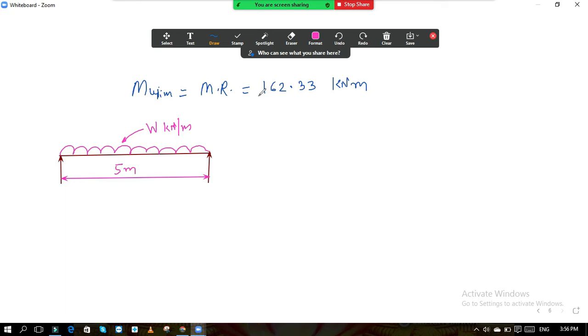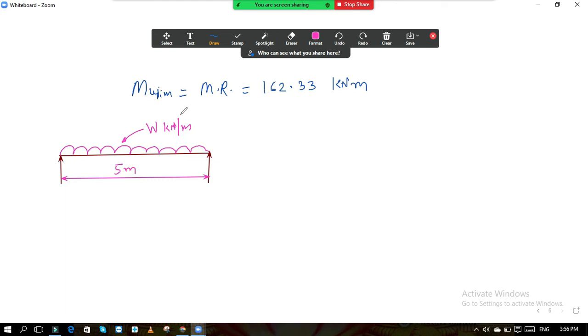Bending moment depends on the length of the member and the load acting on the member, and accordingly that load produces the rotational or bending effect on that beam. That bending effect is nothing but the bending moment. So the maximum bending moment is equal to moment of resistance. Bending moment can go up to the moment of resistance, so it may be equal to moment of resistance, which is the maximum value, and it can be less than MR.